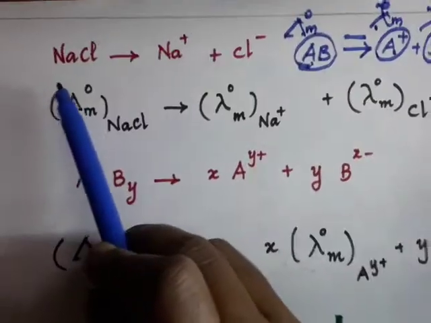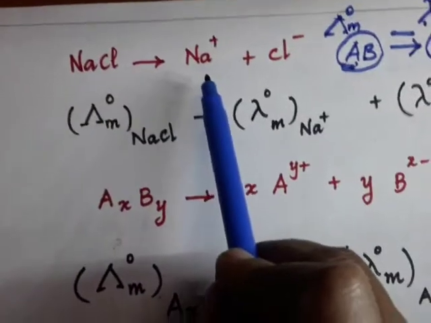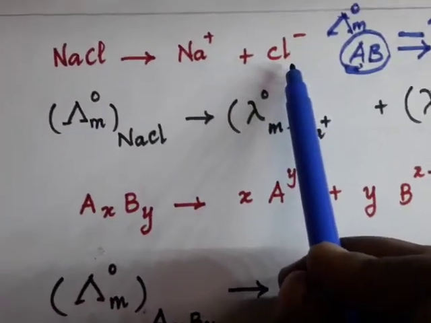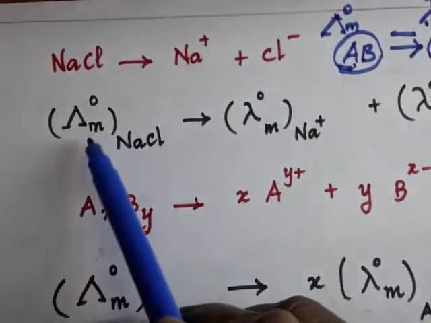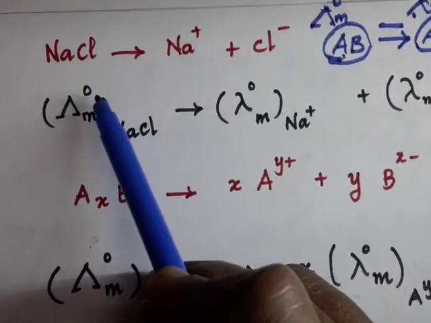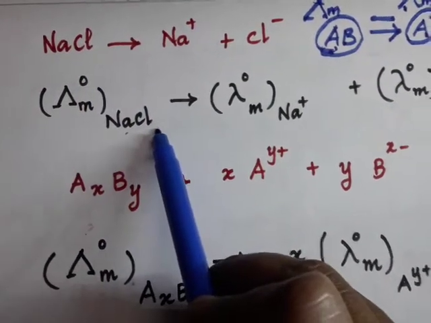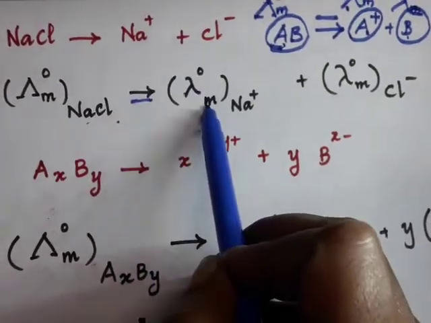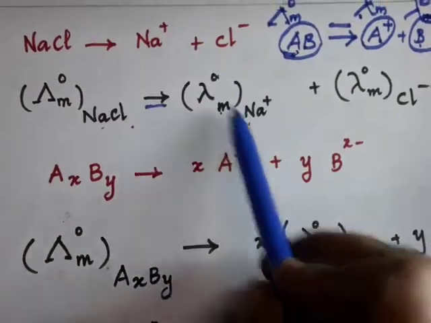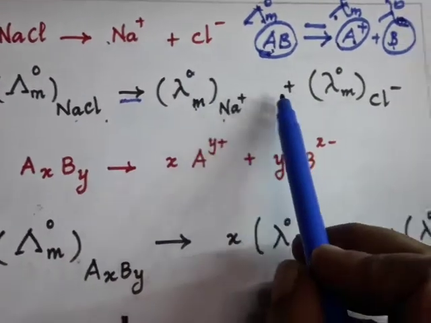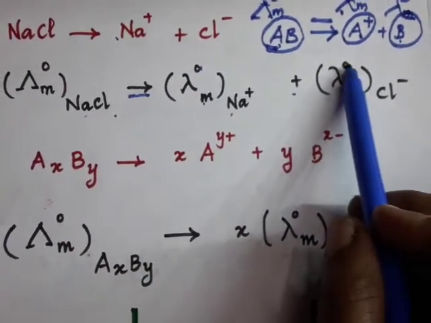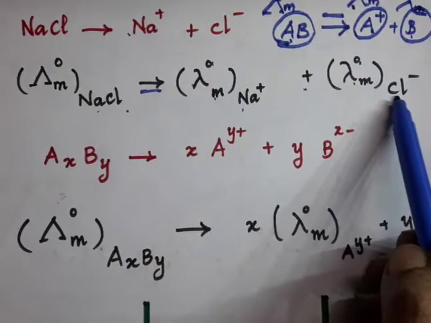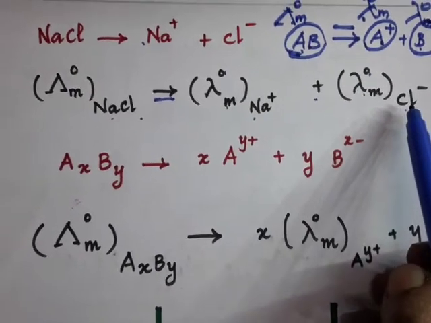NaCl is ionized into Na plus and Cl minus. So the limiting molar conductance of NaCl will be equal to the limiting molar conductance of the positive ion Na plus plus the limiting molar conductance of the negative ion. That's what Kohlrausch's law said.